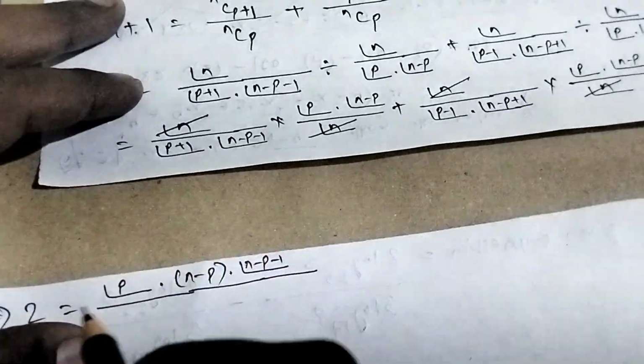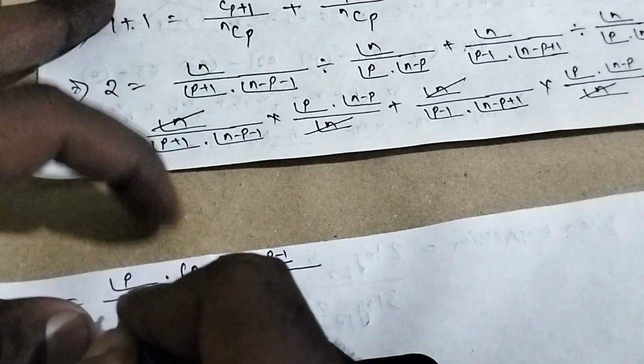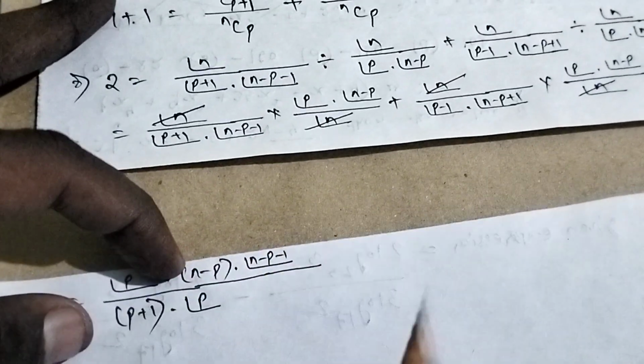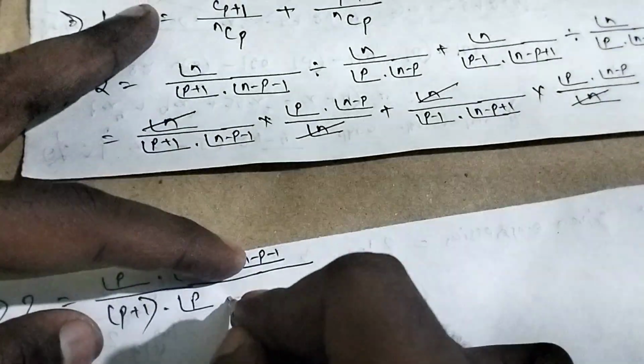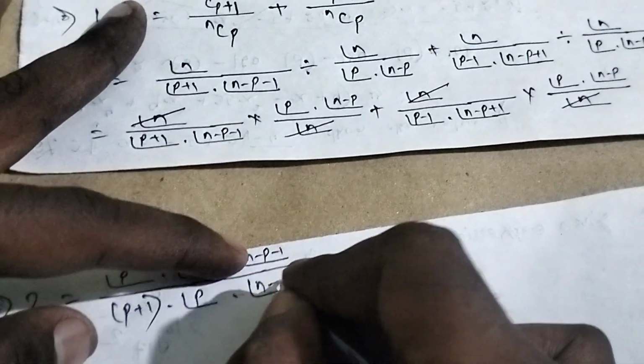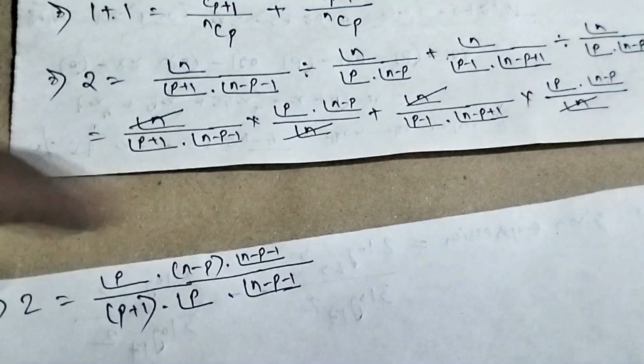And here we have (p+1) factorial, which can be written as (p+1) into p factorial, into (n-p-1) factorial.